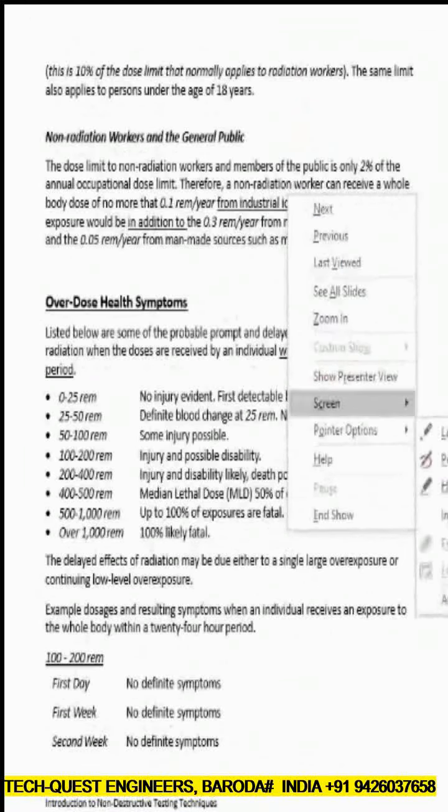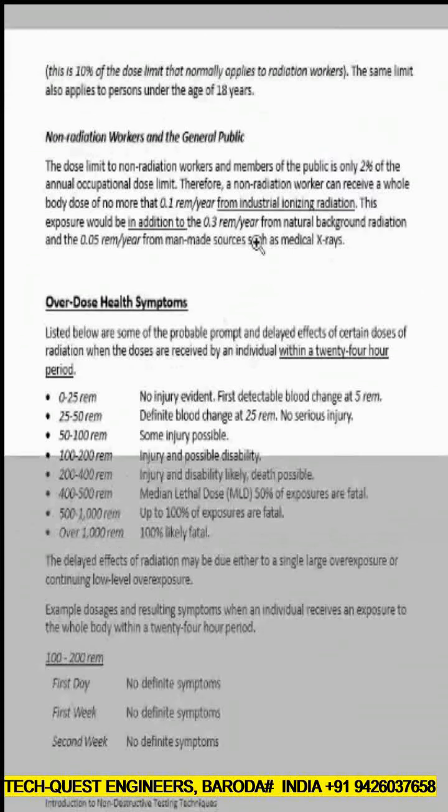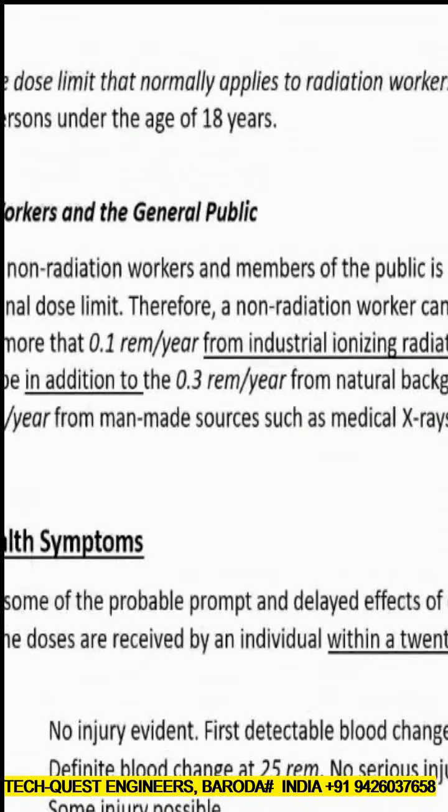So, what are the effects when you are getting this radiation? Below 18 years, you should get only 10% of the radiation that is allowed for adults. For adults, it is 50 millirem. For children, it will be 5 millirem only. You cannot do more.